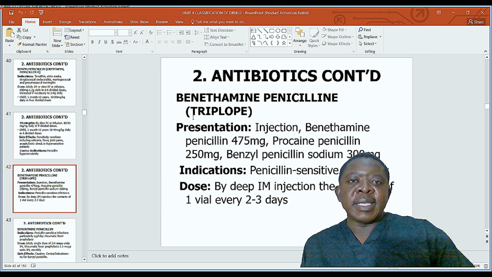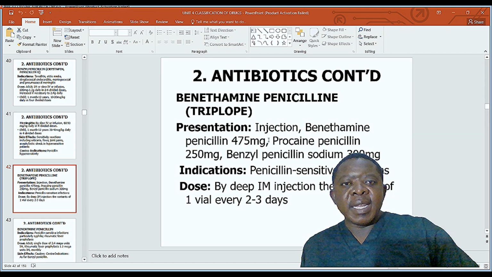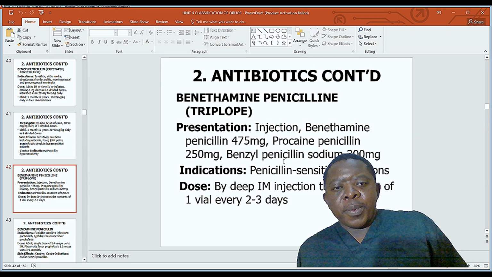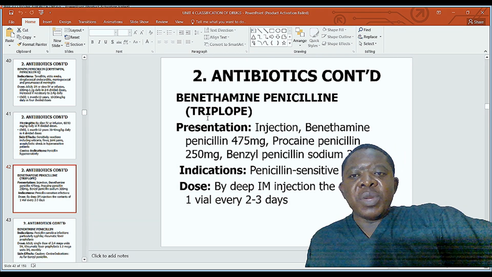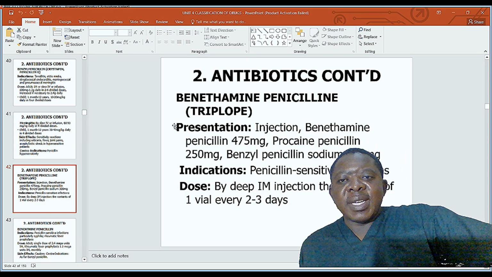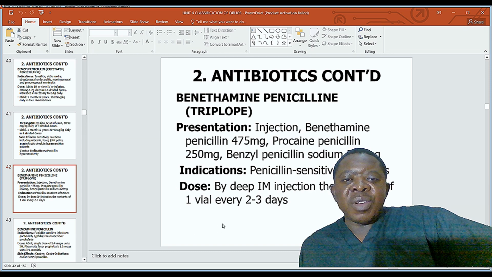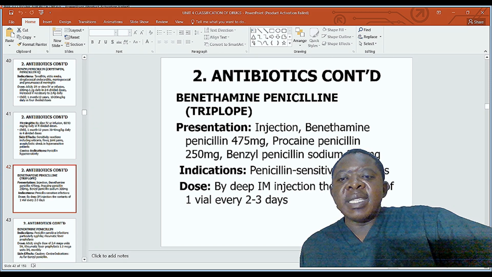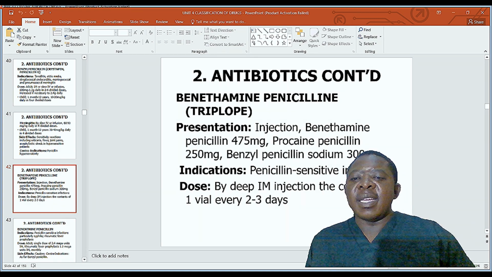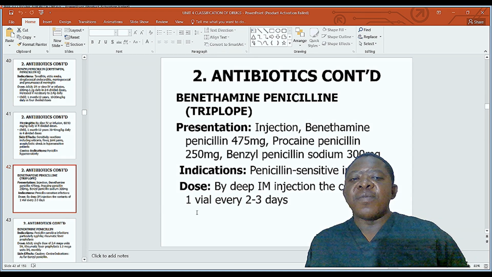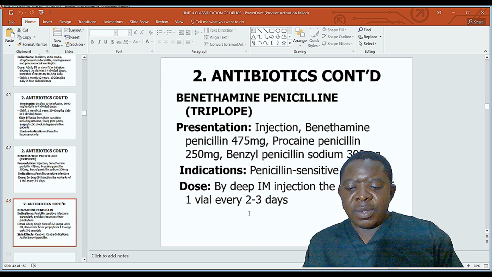So that is in benethamine penicillin or triplopen. So we have 3 types of drugs within this drug. So indication is a penicillin sensitive infection. It can be given by deep intramuscular injection, the contents of 1 vial every 2 to 3 days.